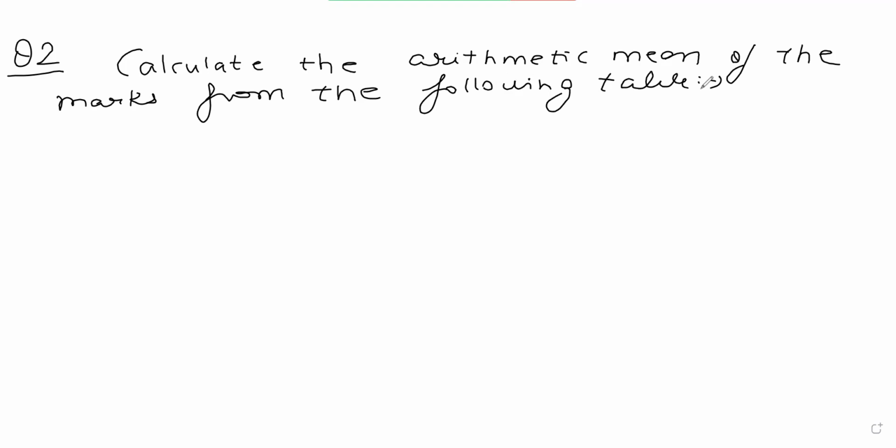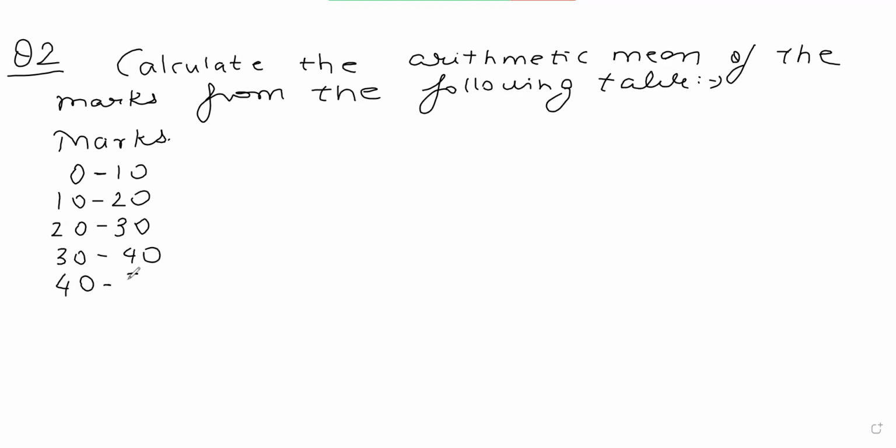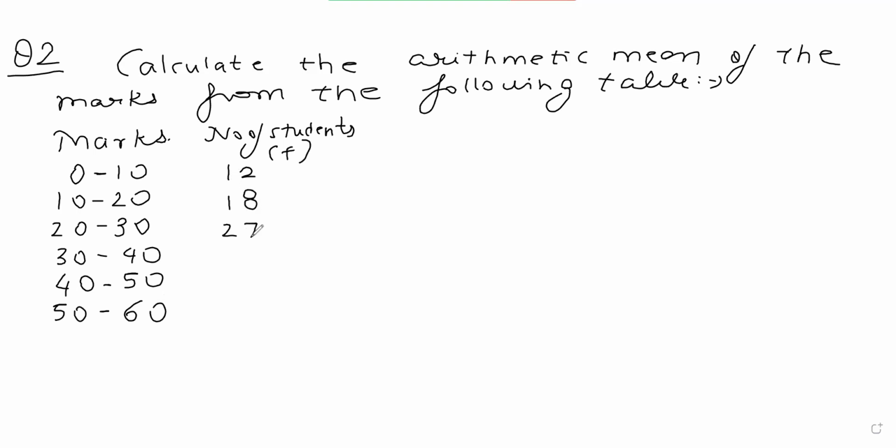So, we are given marks 0 to 10, 10 to 20, 20 to 30. Now we are given class intervals, guys. If you look at this, these are class intervals. We are given the number of students, which is my frequency. The values are 12, 18, 27, 20, 17, and 6.